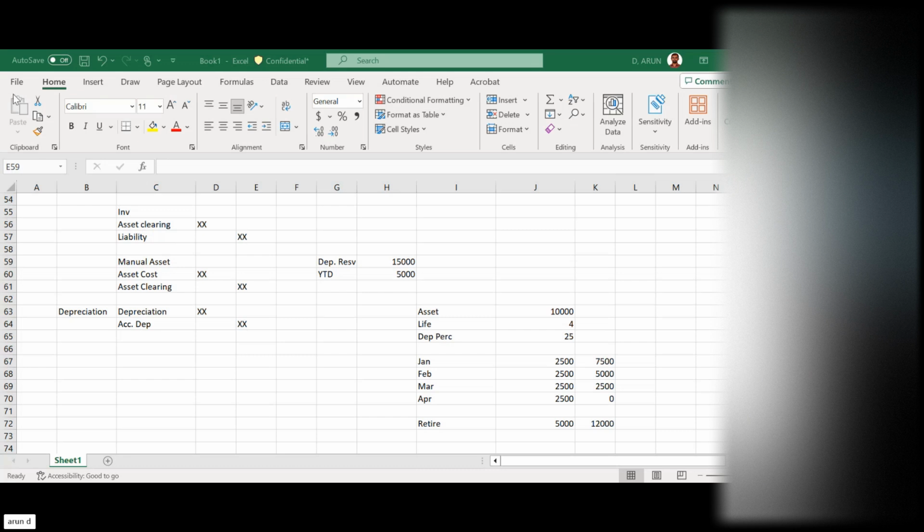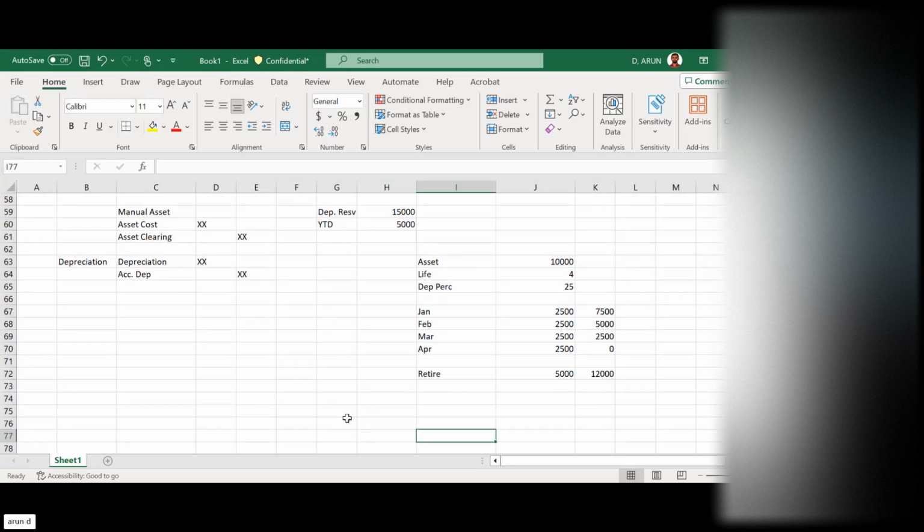Okay, so now there are scenarios wherein we will adjust this particular transaction. Let's say I wanted to make life adjustments. So now if I'm making life adjustments, let's say I have created it for 10 years, so I have booked this for 10 years.